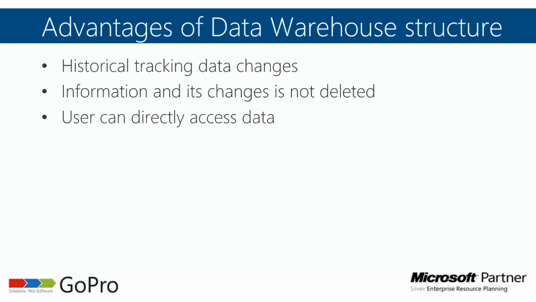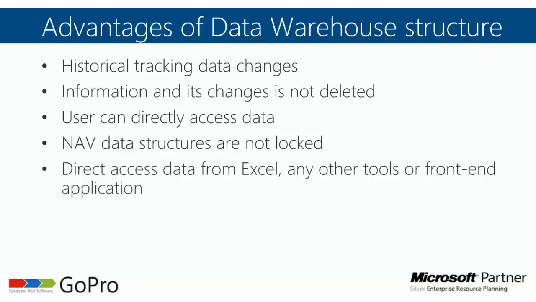Using Transact SQL, users can directly access data. NAV data structures are not locked during dashboard and report creation. Users can directly access data from Excel and other tools or front-end applications that are used to create reports and dashboards.